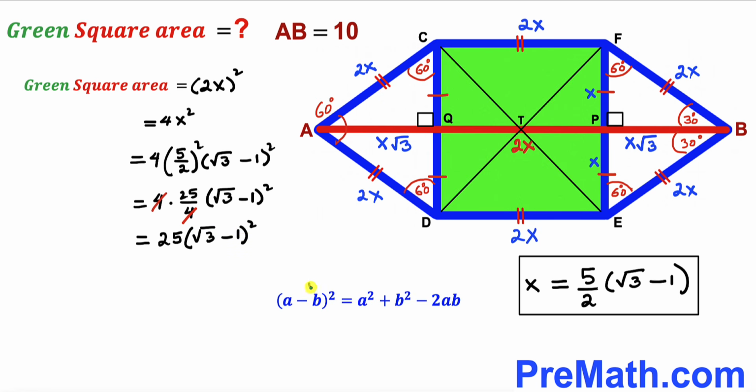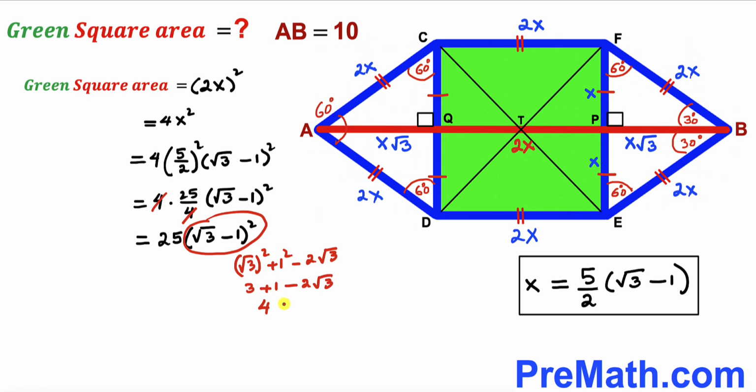And now let's recall this famous identity. A minus b whole square can be written as a square plus b square minus 2ab. And we are going to apply this identity on this binomial. If we apply this identity on this binomial, that is going to give us square root of 3 whole square plus 1 square minus 2 times the square root of 3.